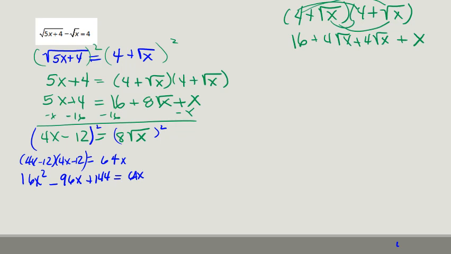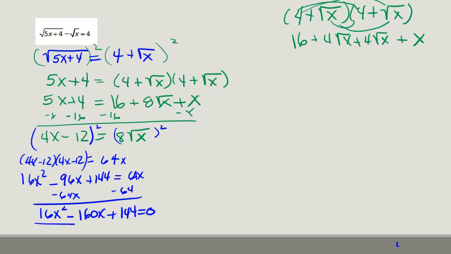Again, it's a quadratic, so I'm going to subtract 64x from both sides. And I'm going to get 16x squared minus 160x plus 144 equals 0. Make it easy on yourself and divide everything by 16 so that I get x squared minus 10x plus 9 equal to 0.